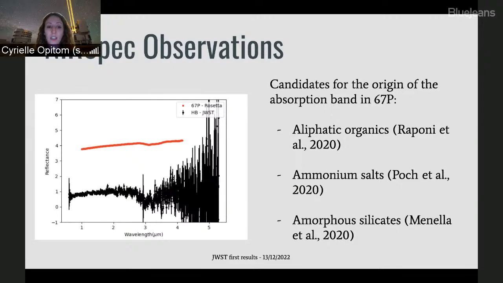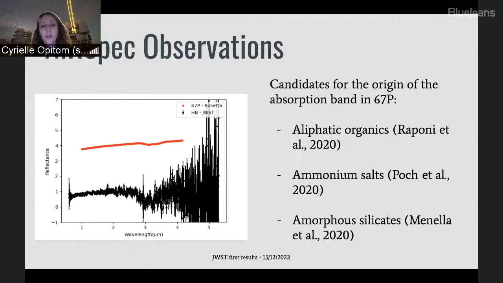And so what you can see in the spectrum at first look is quite similar, with the same 3-micron absorption band without 1.5 and 2 micron absorptions. And in the case of 67P, there was no real significant amount of water ice on the surface, and the 3-micron band was attributed to either aliphatic organics, ammonium salts, or amorphous silicates by different authors.